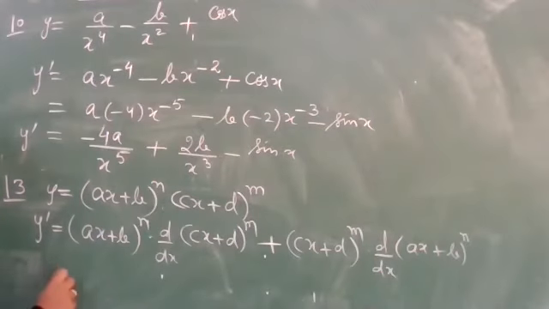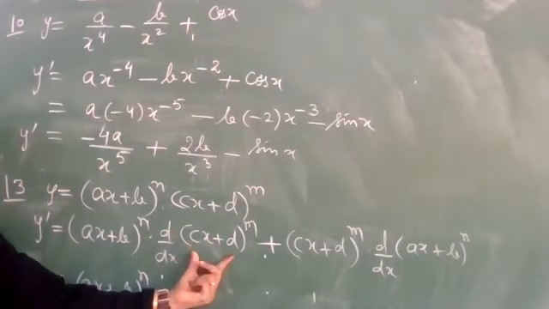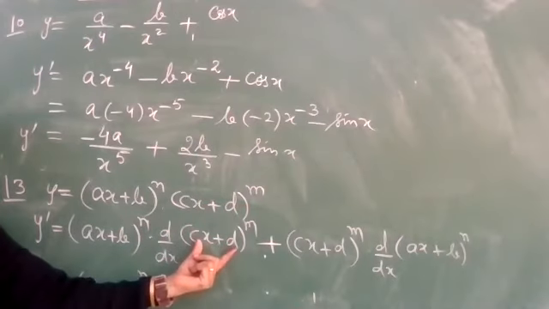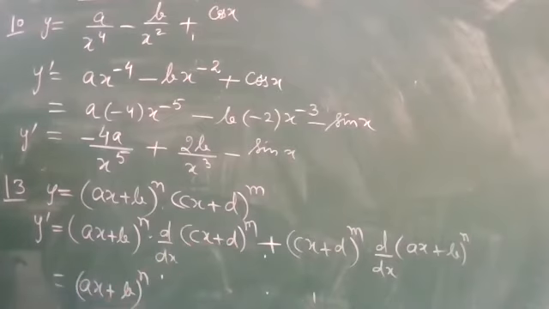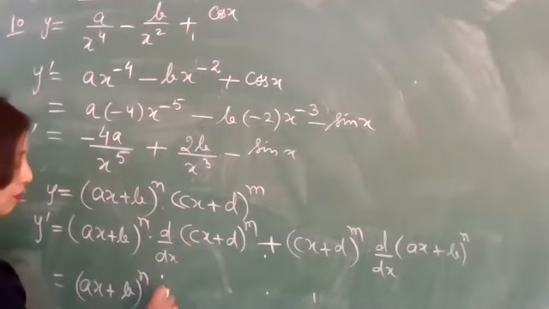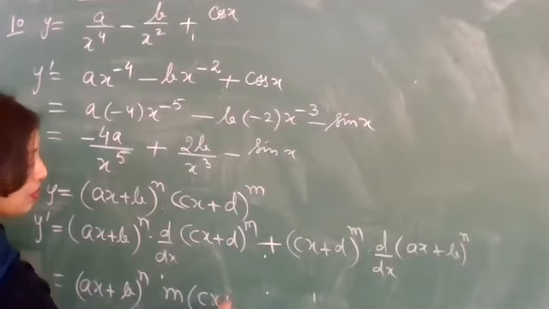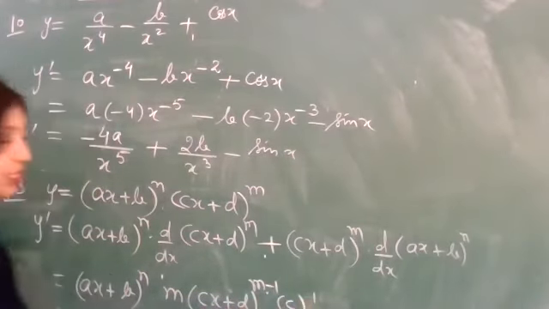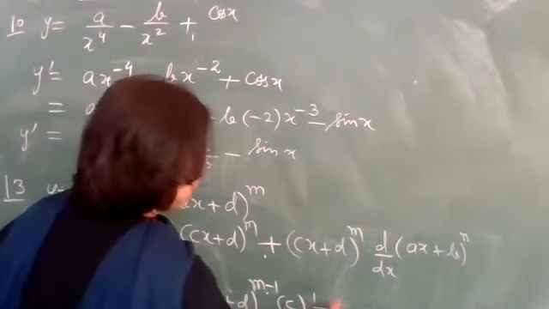Now you do the derivative. Ax plus b raised to the power n. Now here we have to apply chain rule. X raised to the power n है, n x raised to n minus 1, and then the derivative of cx plus d also. What is the derivative of cx plus d? C. So n times (cx plus d) raised to n minus 1, and derivative of cx plus d, plus.